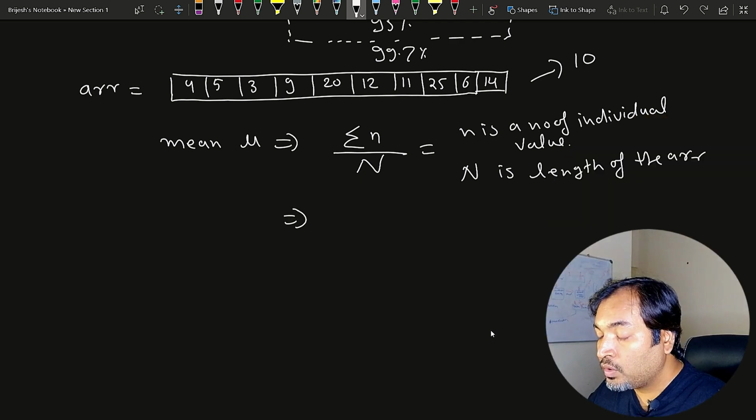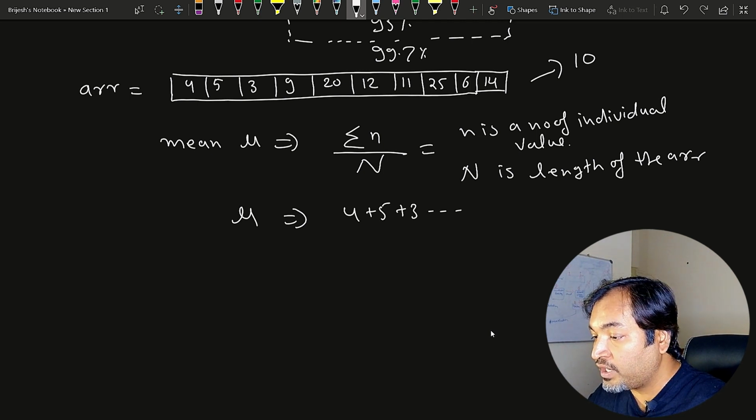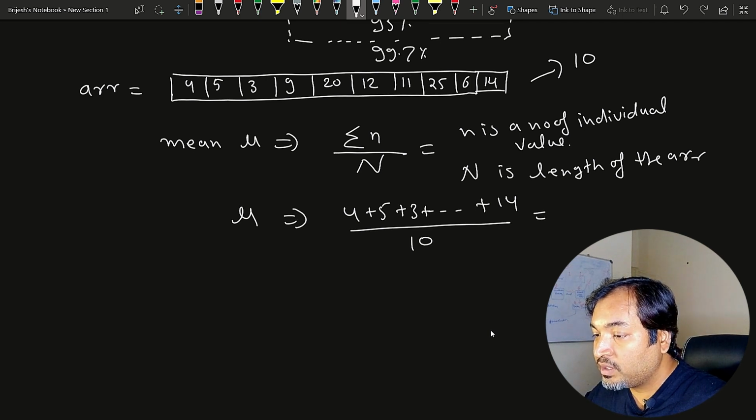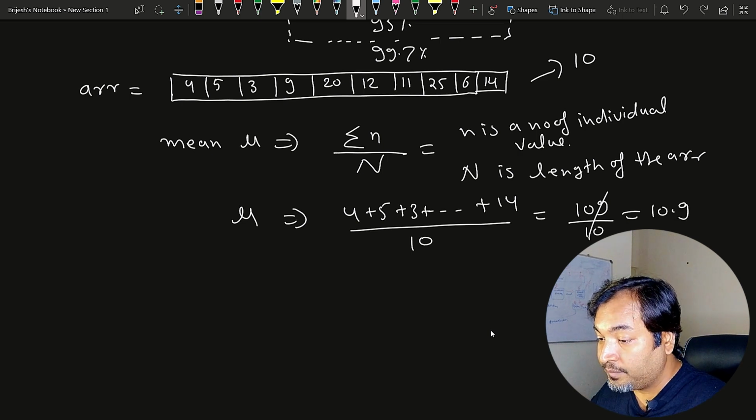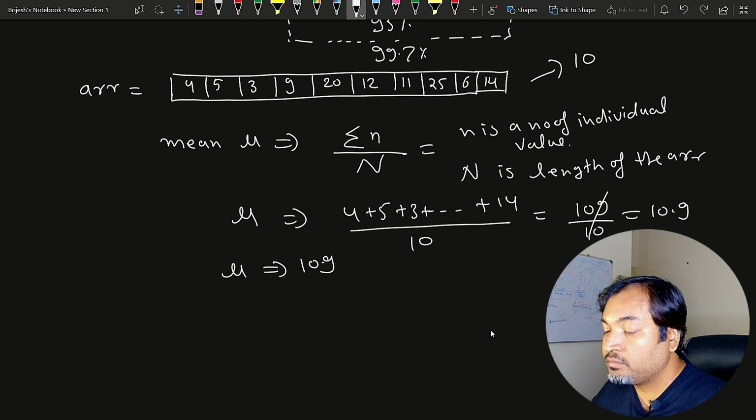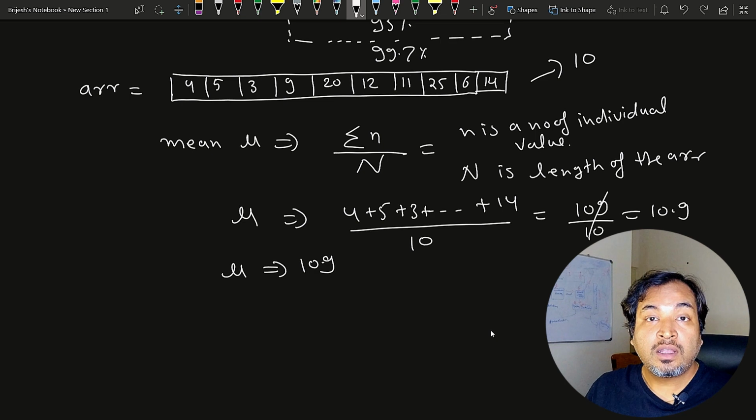If you want to find mu from this equation, you get 4 plus 5 plus 3 and so on plus 14, divided by 10. Doing the summation, you get 109 divided by 10, which is 10.9. So the mean would be 10.9. Mean is also referred to as the average of the numbers.